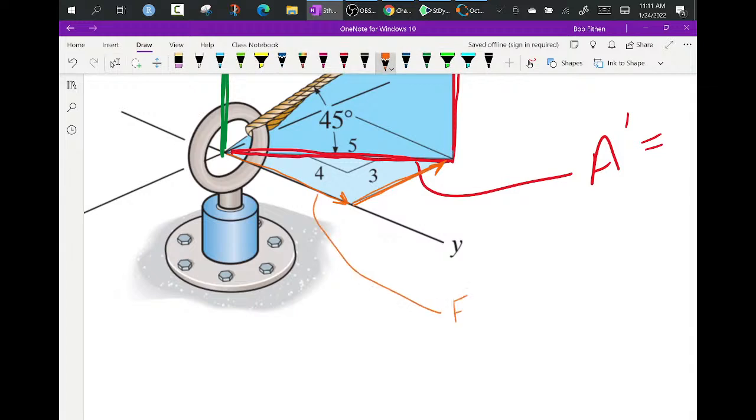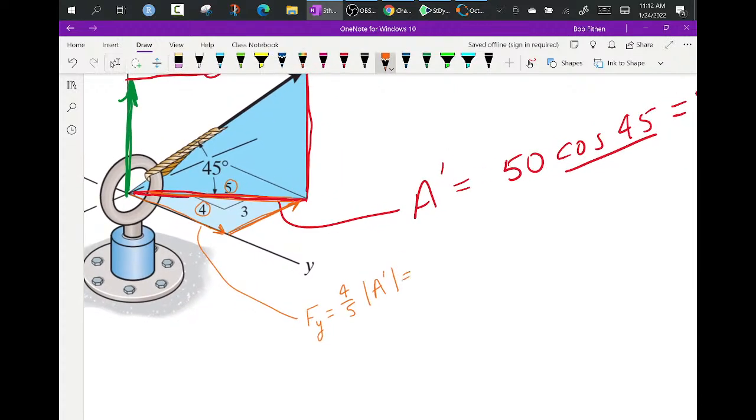So the F in the y direction is going to be 4/5 of the length of this thing, of the length of A prime or the shadow, whatever you want to call it.